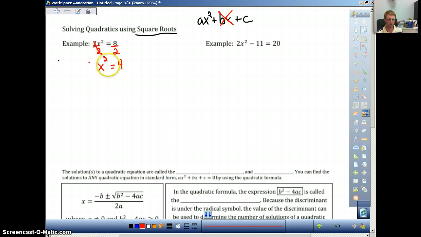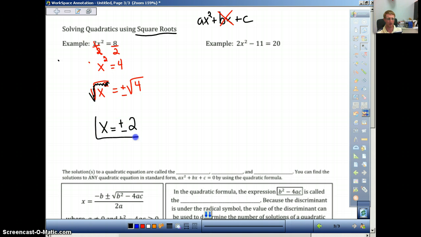When you take the square root of both sides to eliminate an x squared, you need to make sure that when I take the square root of the left-hand side and the right-hand side, there is a plus or minus on the outside. The square root and the squared cancel out, and that's what we were trying to do in the first place. So we're left with x equals plus or minus 2.